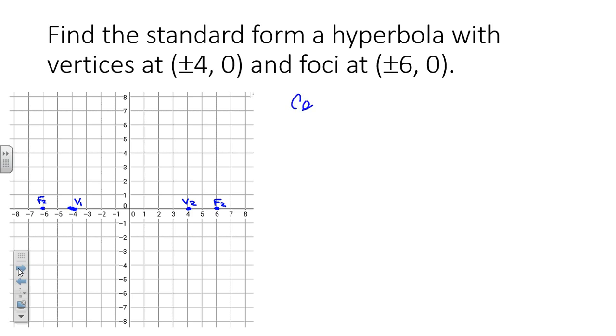Yep. So we also know not only the center, but which orientation it has. It is horizontal, so which is the positive squared term? The x squared. So we'll have x squared over a squared minus y squared over b squared equals 1.